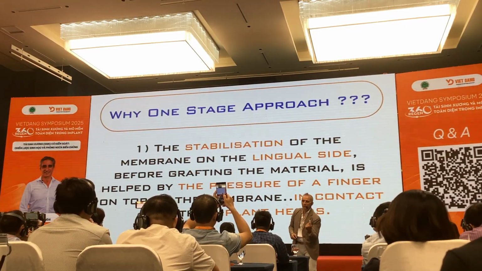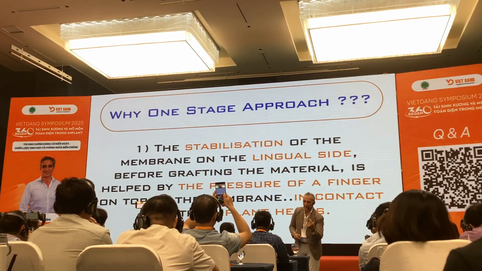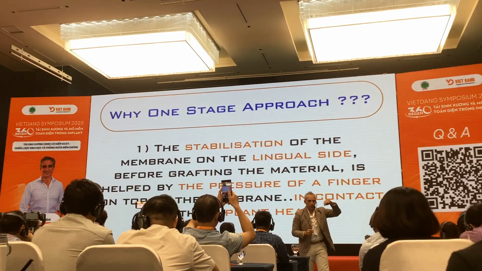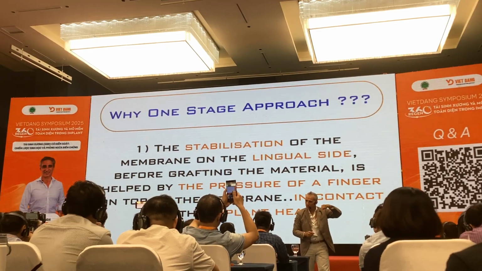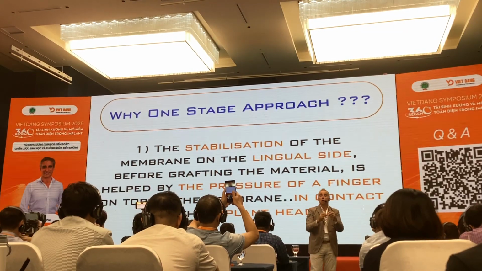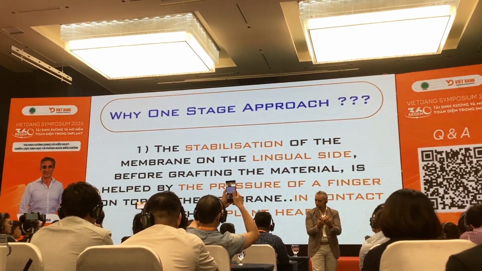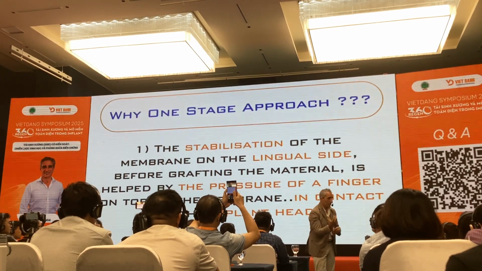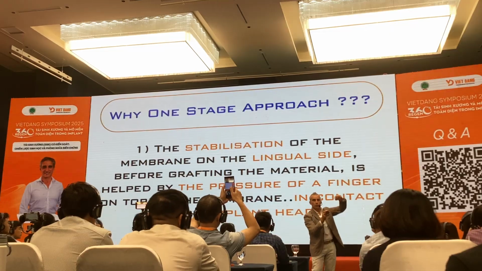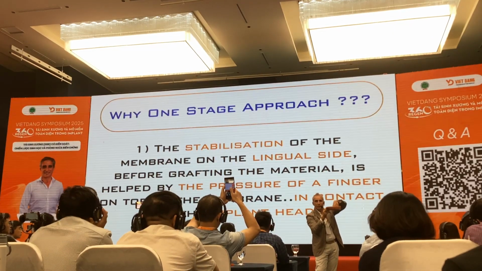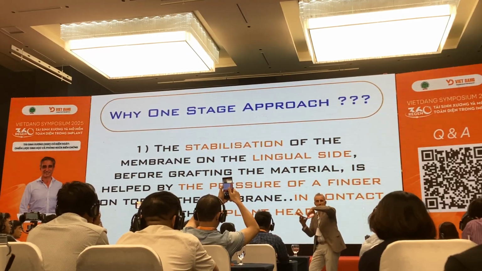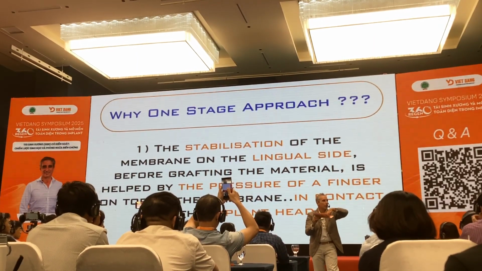When you don't have implants, you place the box, but if you place the finger over the top of the membrane, even if you have the titanium reinforcement, even if you place the biomaterial, by pushing the finger the membrane can change shape, the titanium shape can be modified.